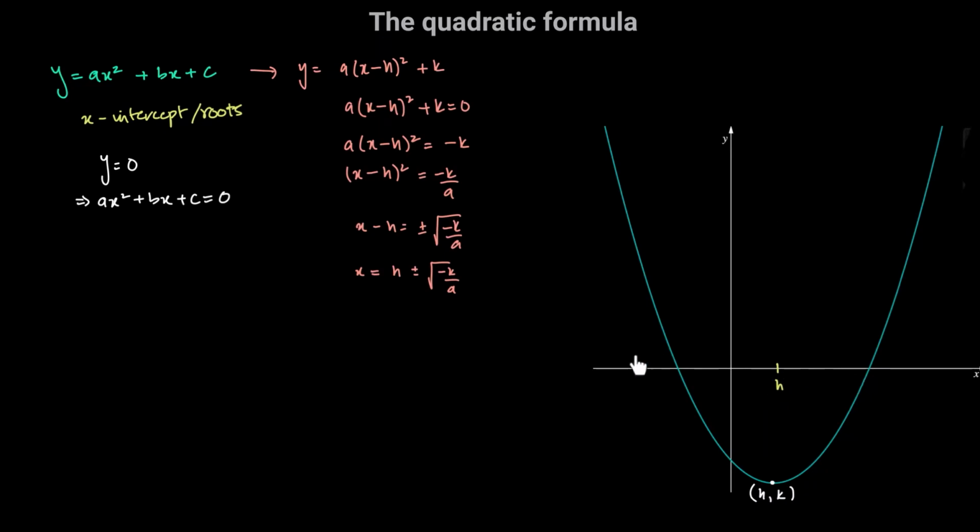So my two x-intercepts are h plus the square root of negative k over a, that's this one on the right, and the other one is h minus the square root of negative k over a. But my objective is to find the values of the x-intercept in terms of a, b, and c.